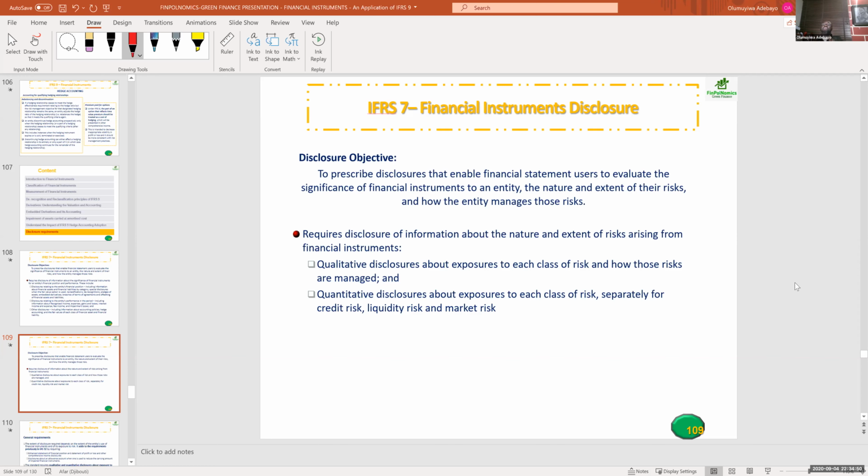Similarly, for financial instruments, we have done measurement, we have done classification, we have done recognition, we have done everything we need to do. And that has flowed into our financial statement and account.